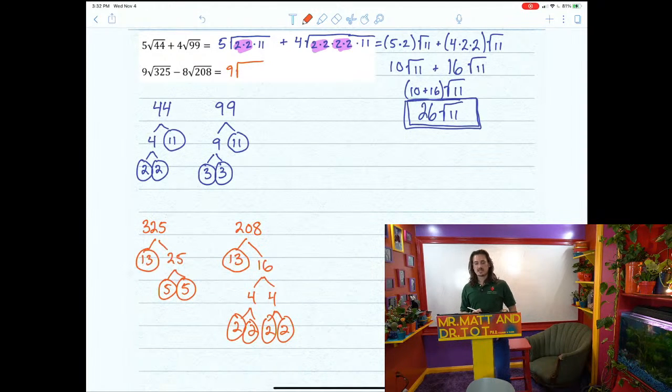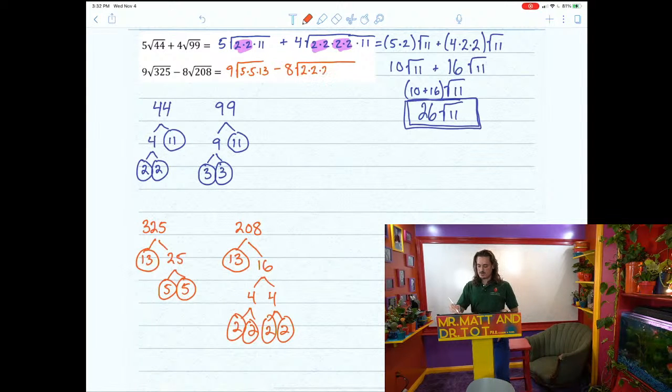And 208 breaks down into 13 times 16. 13 again is prime, but 16 breaks down into 4 and 4. The two 4s each break down into 2 and 2. So we can rewrite the second value as 8 times the square root of 2 times 2 times 2 times 2 times 13.